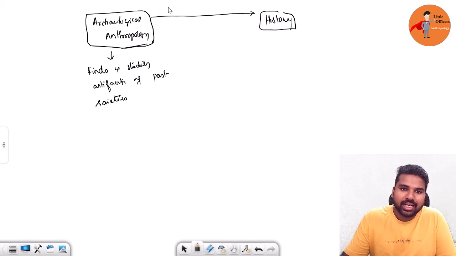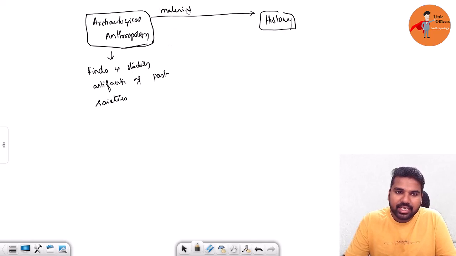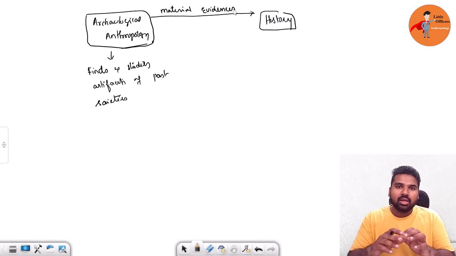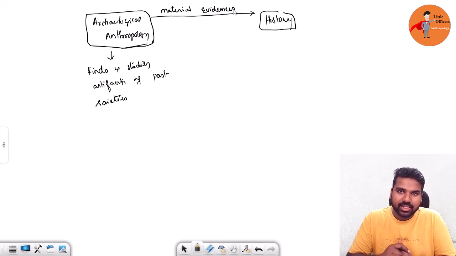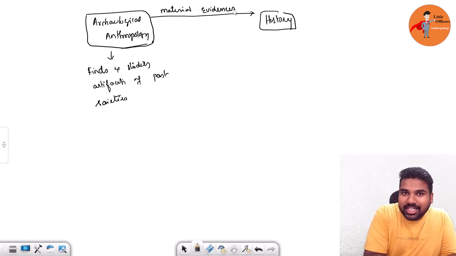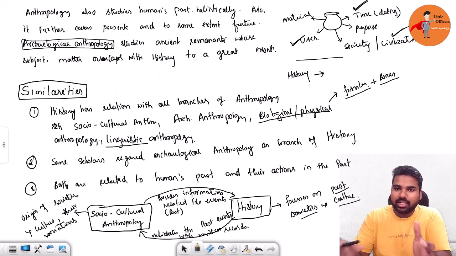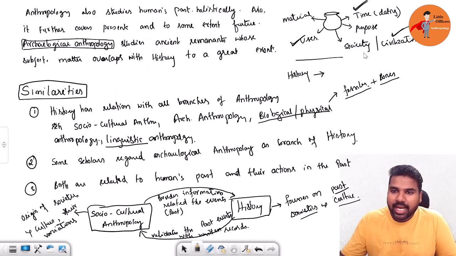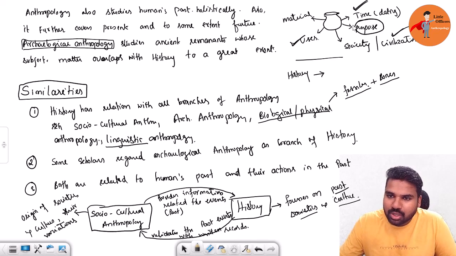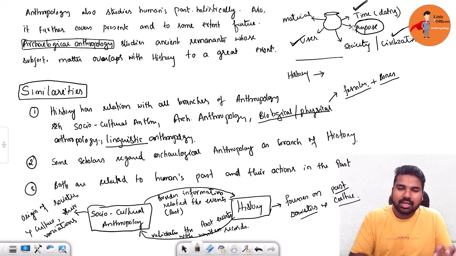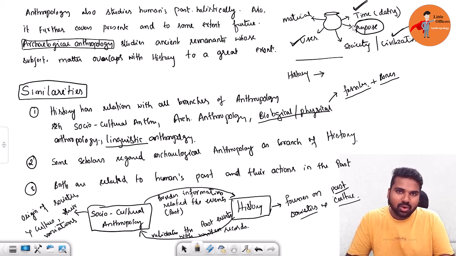So it gives the material evidences that it has come across, and an interpretation of those material evidences. As I mentioned a little while ago, I found a vessel, and archaeological anthropology focuses on what the purpose of this vessel is, what material it has been made with, and what time period it belongs to, all these things.